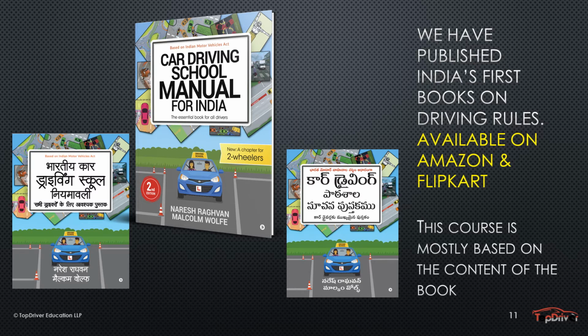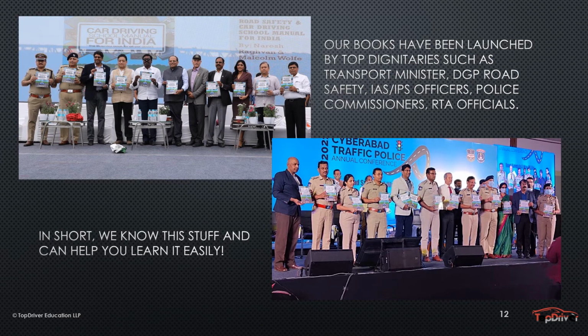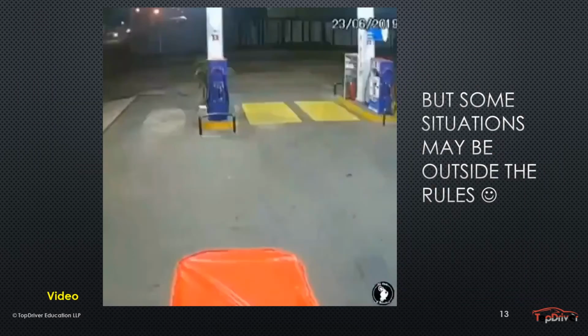It's an interesting read. So our books have been launched by top dignitaries such as the Transport Minister of Telangana, Mr. Ajay Kumar Puvvada, DGP Road Safety, IAS, IPS officers, police commissioners, RTA officials. So in short, we know this stuff and we can help you learn it easily.